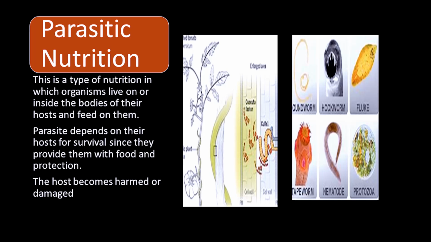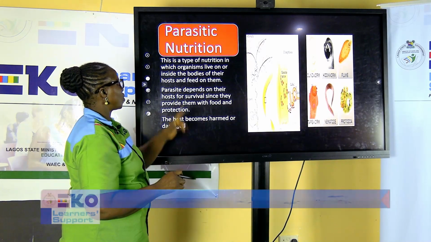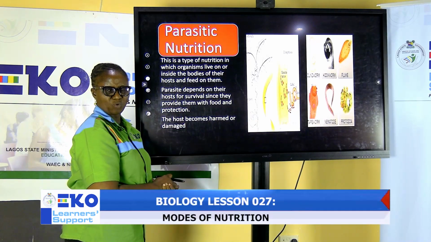Parasitic nutrition. We are familiar with parasites. We have several of them. This is a type of nutrition in which an organism lives on or inside the bodies of their hosts and feeds on them. Among all the feeding relationships, the most dangerous one is the parasitic. Why?